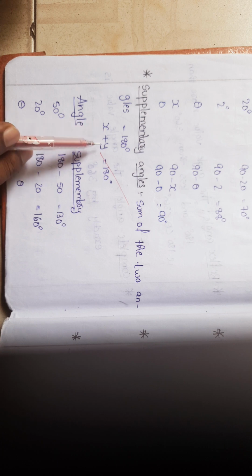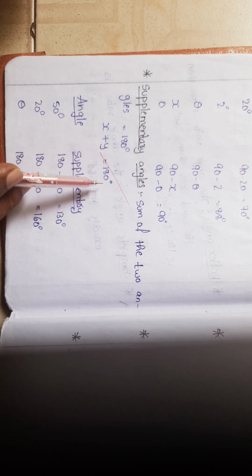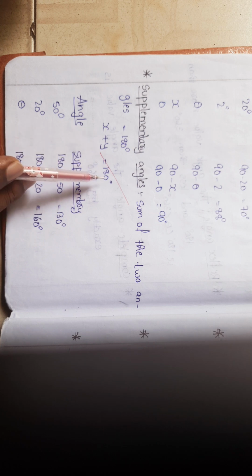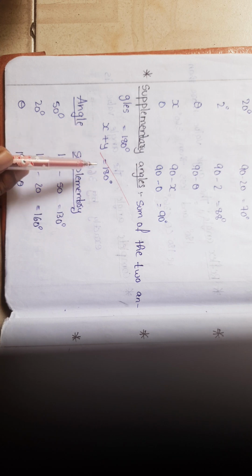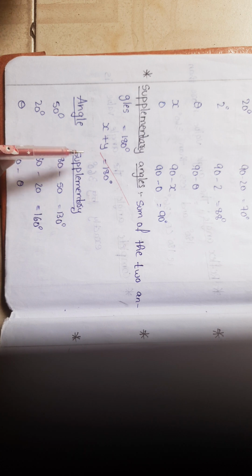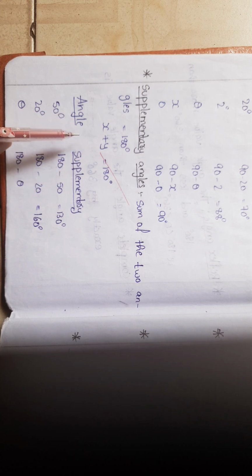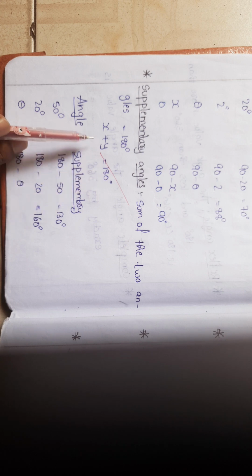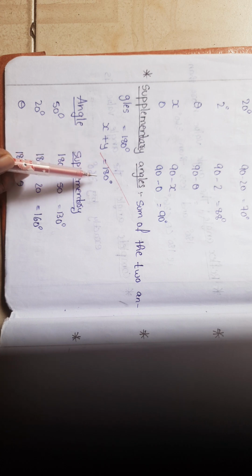The sum of them, x plus y, is equal to 180 degrees. Of course you can take a and b also. A plus b is equal to 180 degrees means a and b are supplementary angles to each other. Like that you can take your own variables, no problem. They may give alpha plus beta is equal to 180. Alpha and beta are supplementary to each other, not complementary, supplementary.